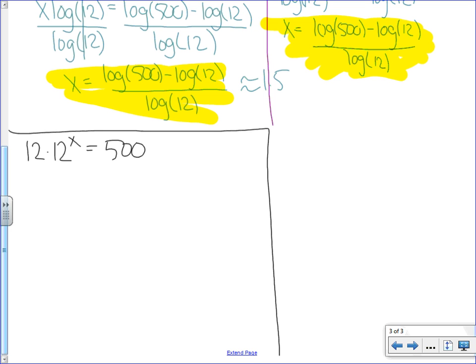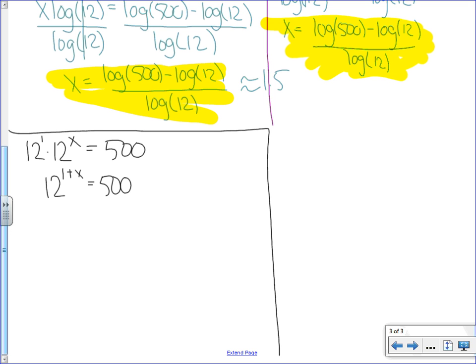Some of you might be thinking to yourselves, those have the same base, so I can combine those because this is really 12 to the first power. So this whole thing on the left-hand side is really 12 to the 1 plus x power, or x plus 1. Because when things have the same base, you add the exponents when you're multiplying.